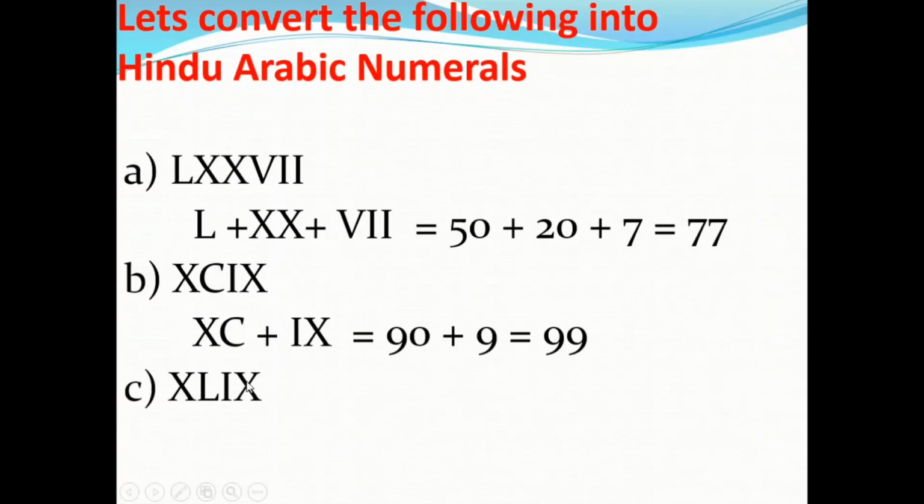Now we'll see one more example, that is XLIX. Again we will simplify this, that is XL plus IX. What is XL? It's 40. What is IX? It's 9. So 40 plus 9 is equal to 49.